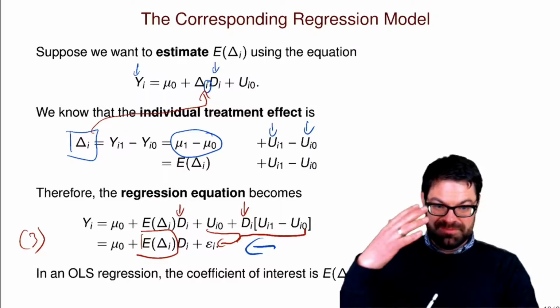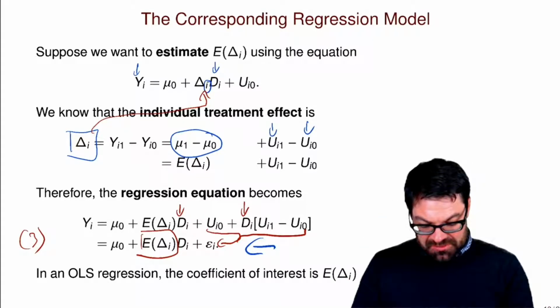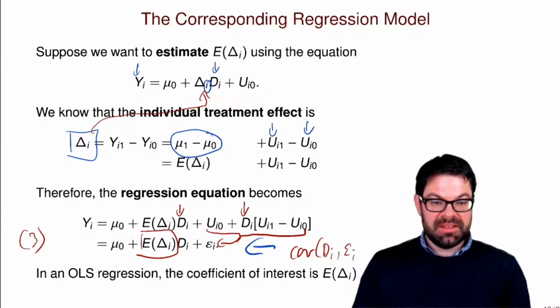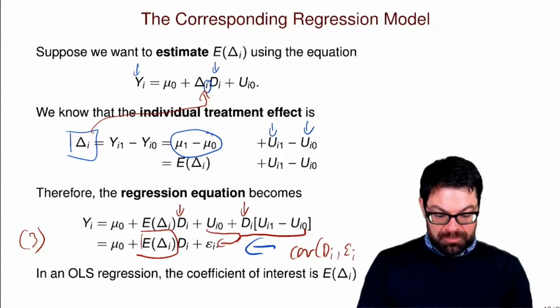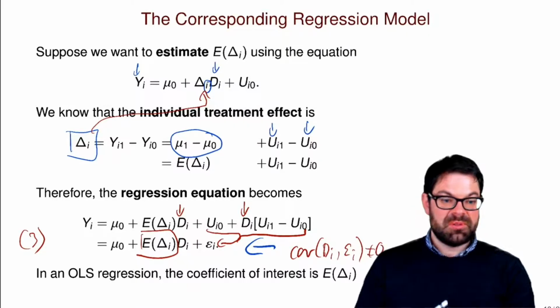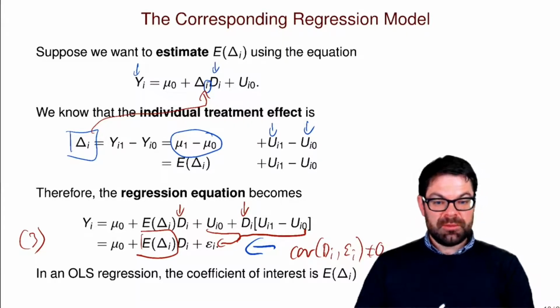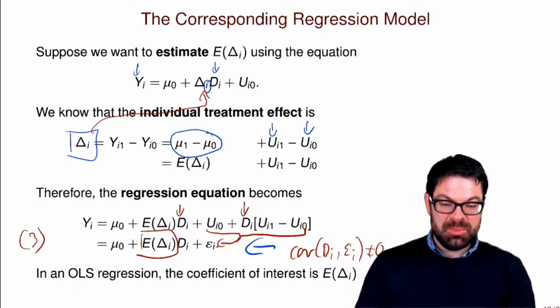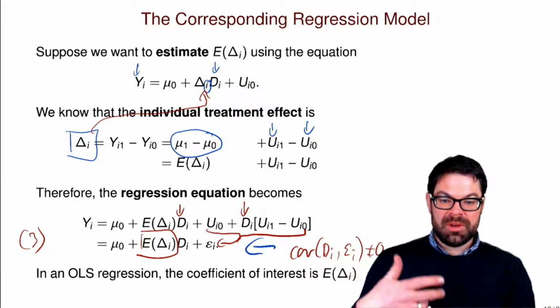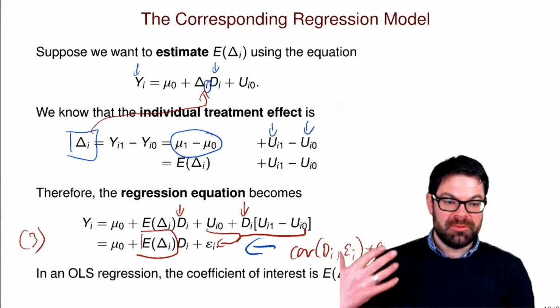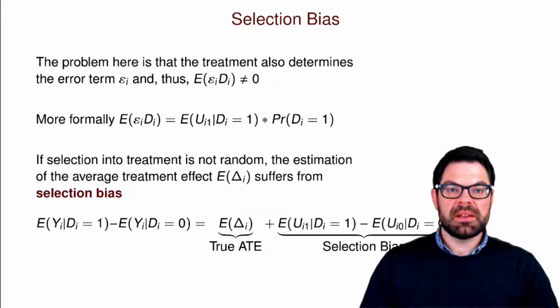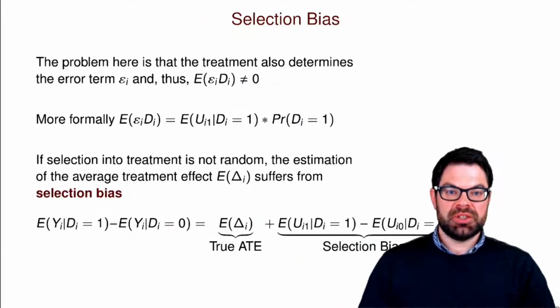So naturally, you have the situation that the covariance between the treatment and the error term is different from 0. And therefore, we have a heterogeneity problem, and therefore our estimate of the average treatment effect will be biased. Let's take a closer look at the selection bias here.